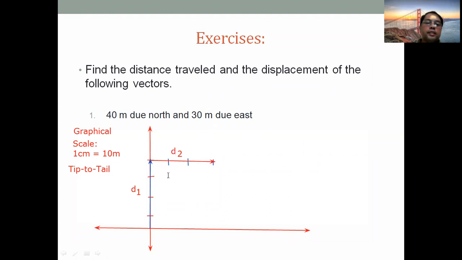So D sub 2 is 30 meters east. And therefore, the third figure over here is now your resultant. Let's have a green color for that. So we can call this our resultant displacement.